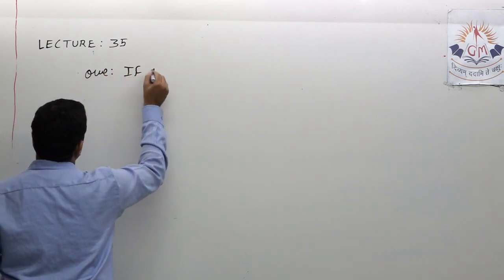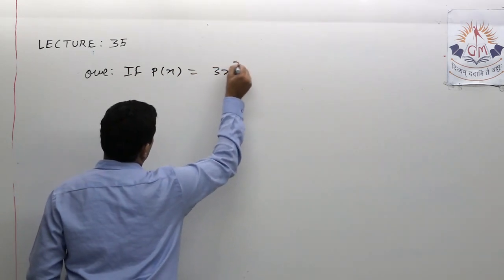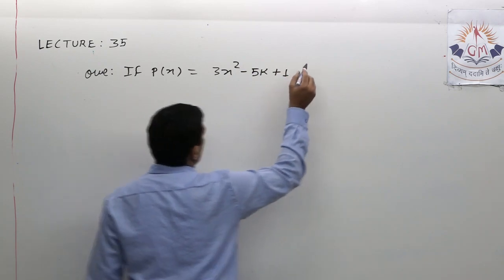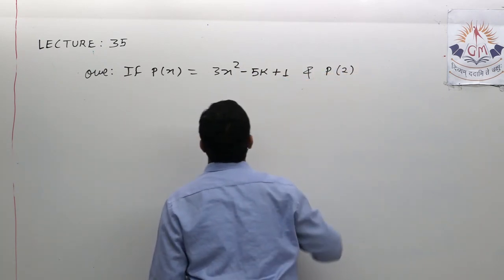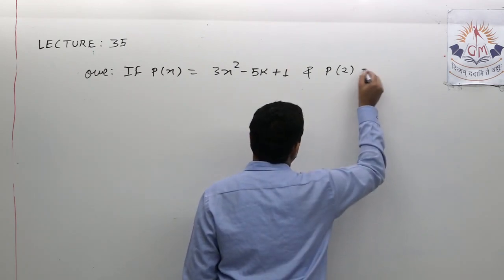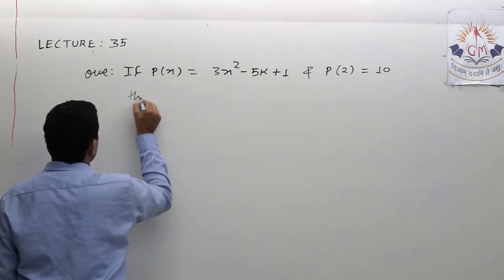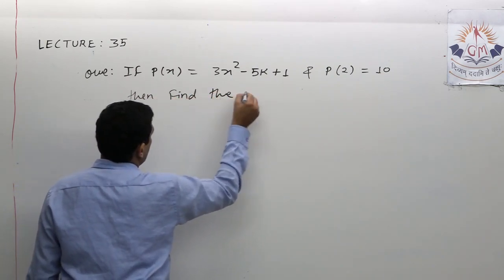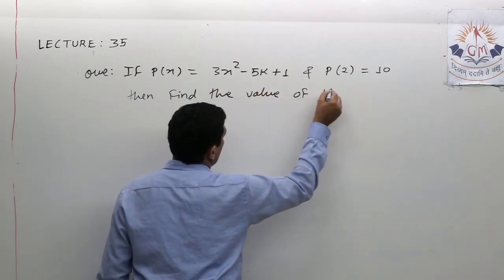If p of x is equal to 3x square minus 5k plus 1 and p of 2 is equal to 10, then find the value of k.